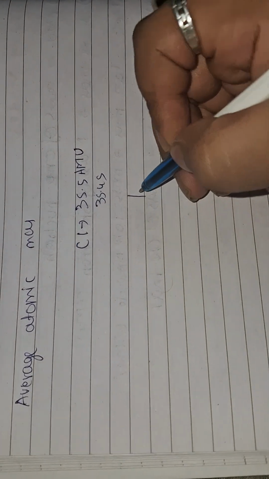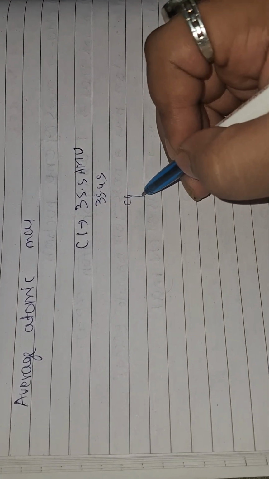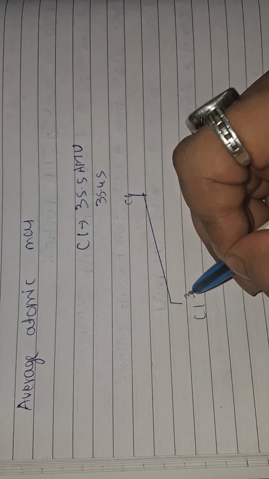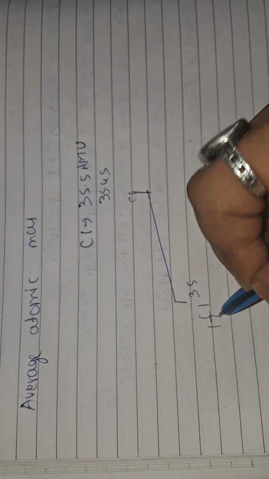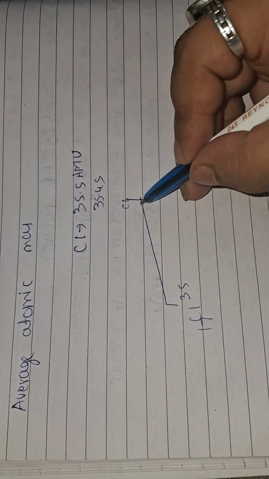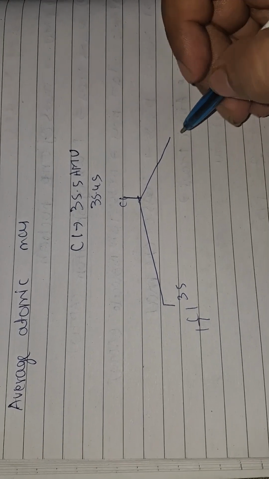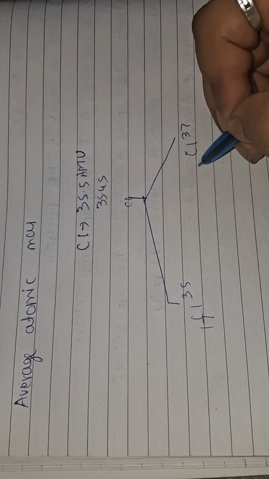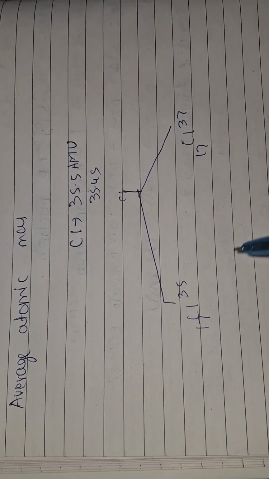So there are two types of chlorine atoms mainly found. The first type is chlorine-35 and the second type is chlorine-37.